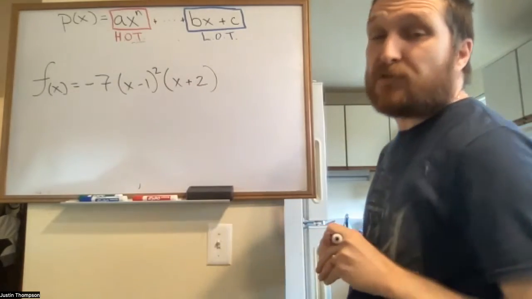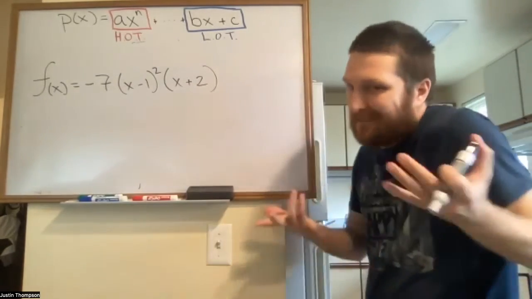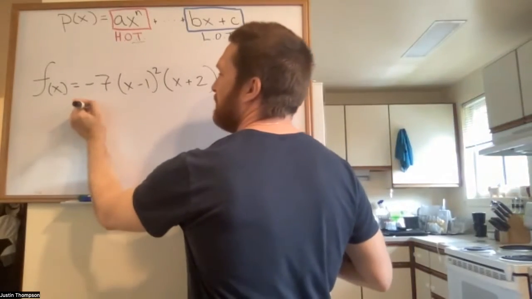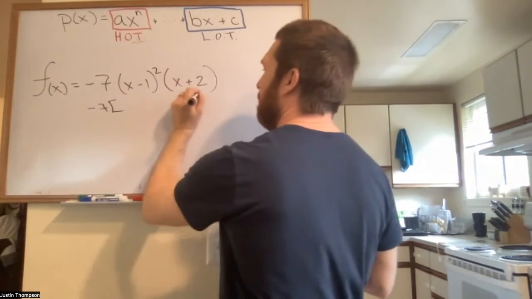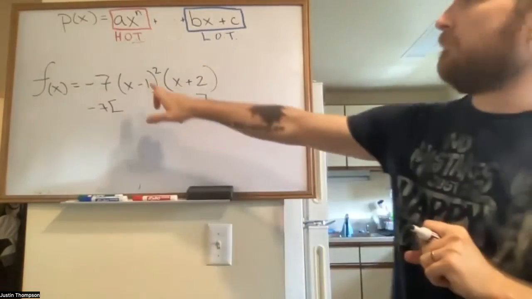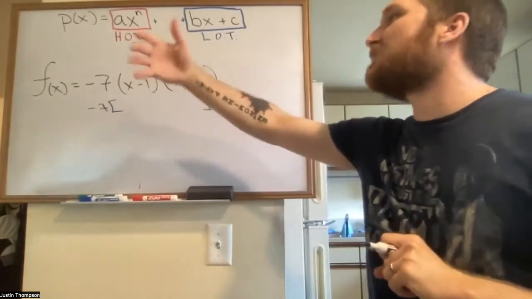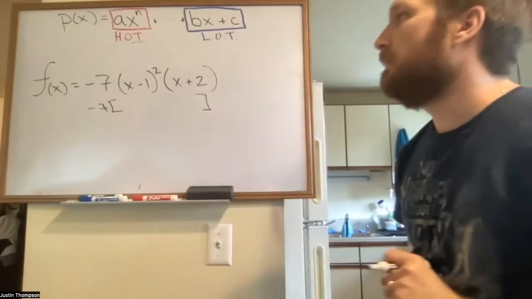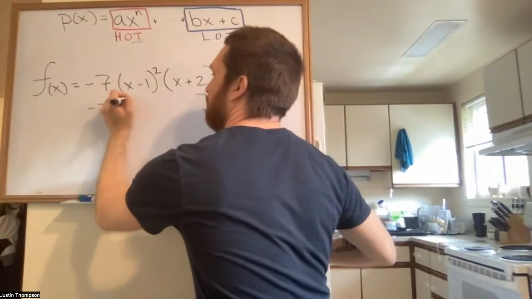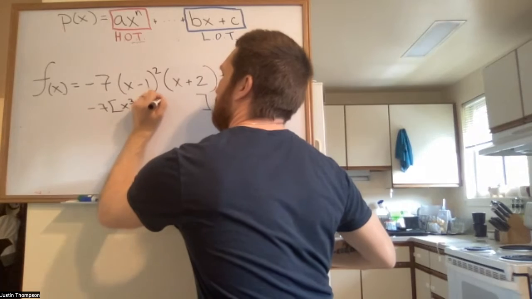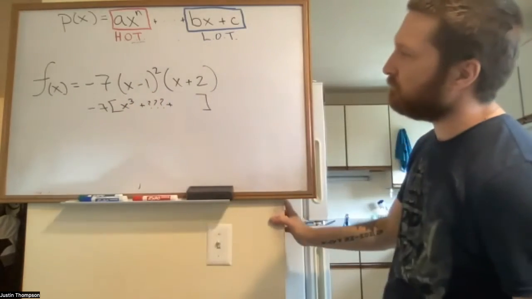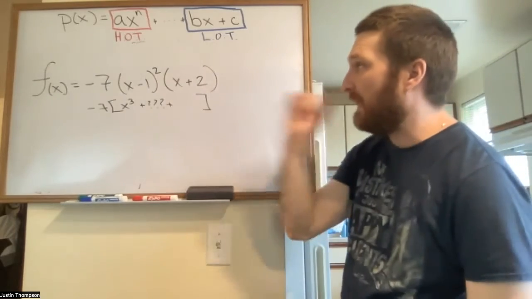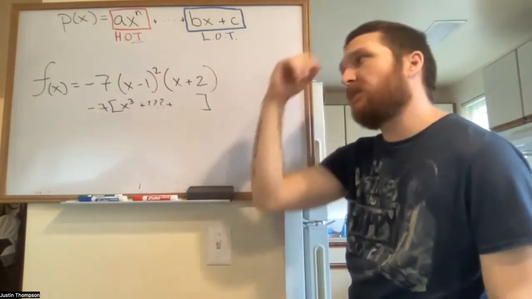I would suggest that you start with the highest and lowest order terms, of course. I'm going to say, okay, highest and lowest order terms. In order to do this, I'm going to say, okay, that's -7 times some polynomial. First, outer, inner, last, that would give me an x squared would be the highest thing, and then we'd have that as x cubed. Okay, so x cubed has to be the biggest thing, plus a bunch of stuff, we're not sure what. -1 squared is +1 times 2 is +2.